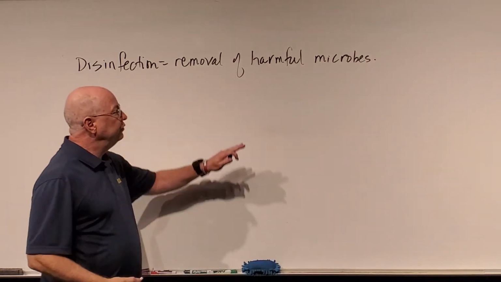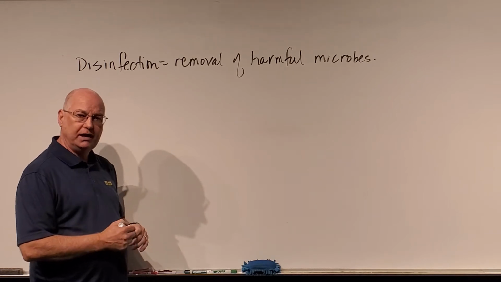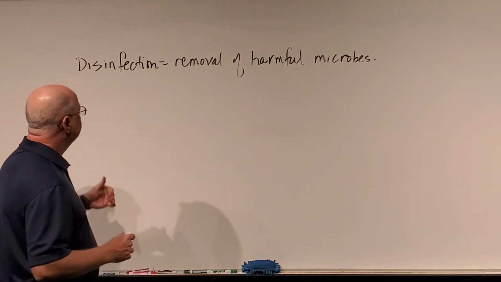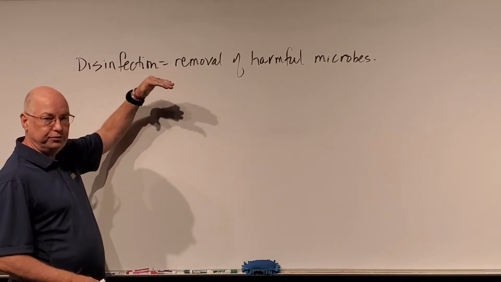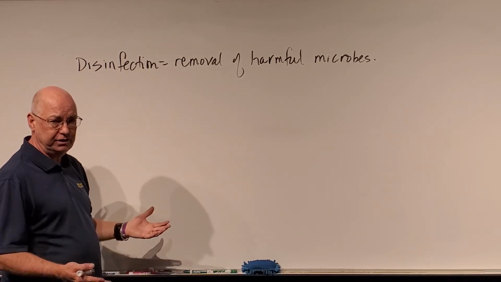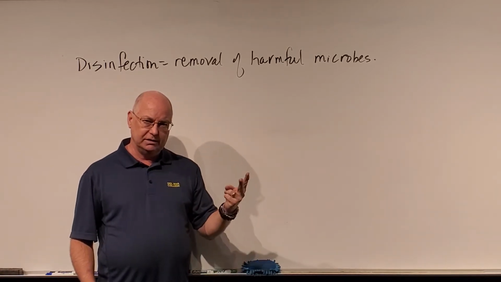We're trying to remove whatever can cause the infection. We don't care about those microbes that are harmless. So a disinfectant is something that is used to remove harmful microbes, but it's not necessarily a sterilant. That's a big deal when we're talking about sterilants and disinfectants.